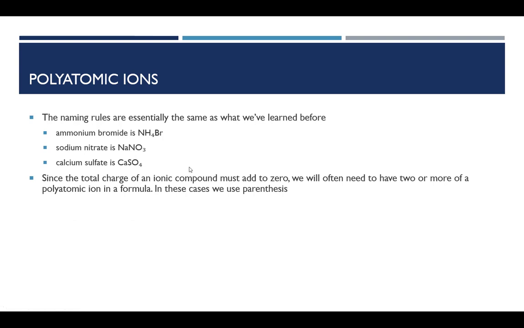Now, there is one problem though, and that is, what if we need to show 2 or more of a polyatomic ion? So for example, let's say I needed NO3, but I need 2 of them. I can't just write NO32 because that looks like 1 nitrogen and 32 oxygens, right? So what we do is we put parentheses around the polyatomic ion and put a number after the parentheses to indicate that you have more than one of them.